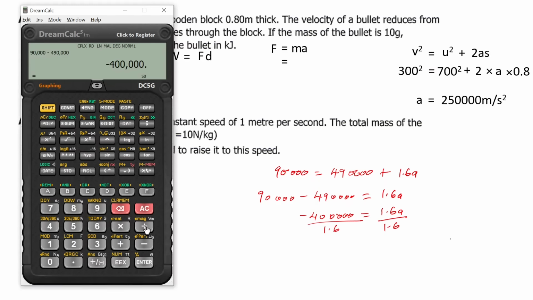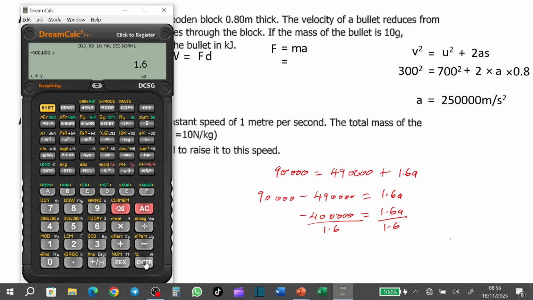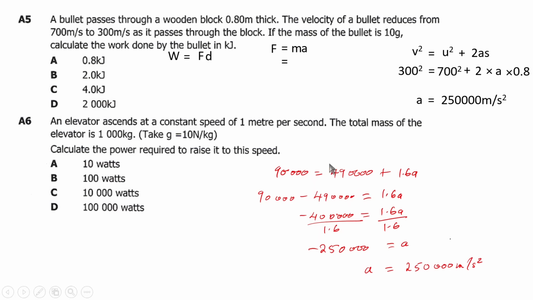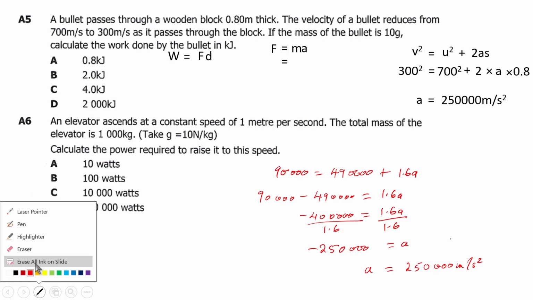If you divide this answer by 1.6, you get negative 250,000, which is the acceleration. It is negative because it is deceleration, but it doesn't matter. We can give it as positive 250,000 meters per second squared, whether it is deceleration or acceleration. So this is how this value was found.